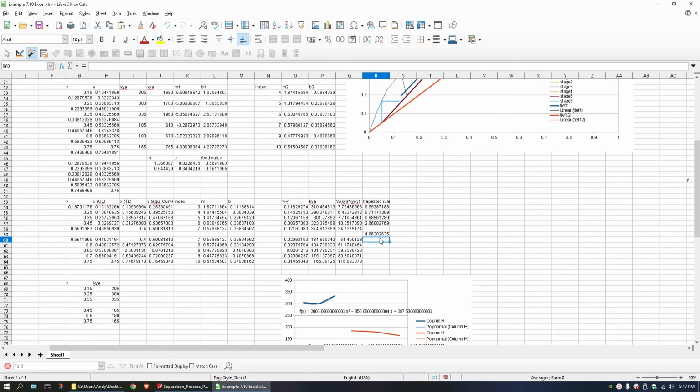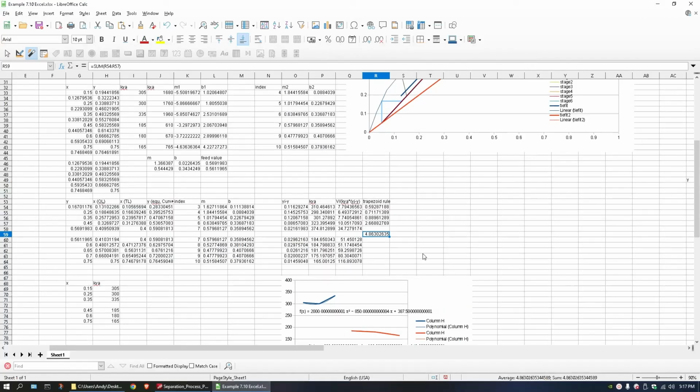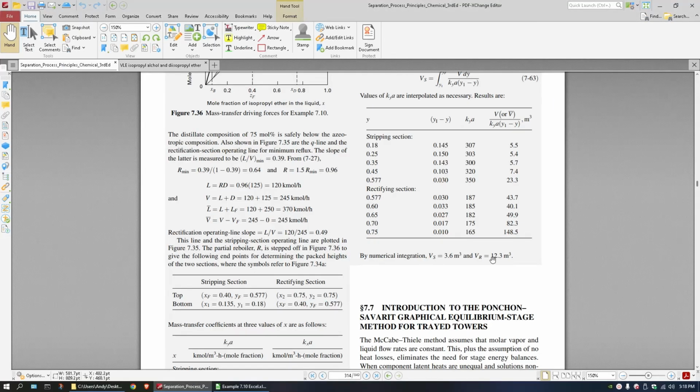We get our value of 4.8, where they had a value of 3.6. It's really not too bad based on how this method calculates things out. For the stripping section, we're going to be doing the same thing. Actually, we can just copy all of this. It'll come out to 13.7, 12.3.